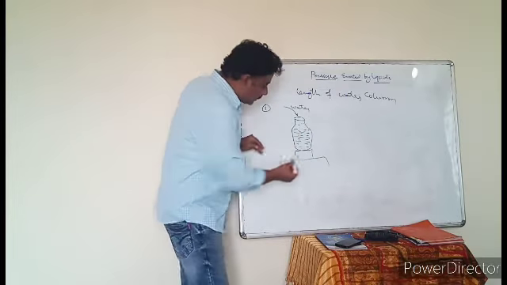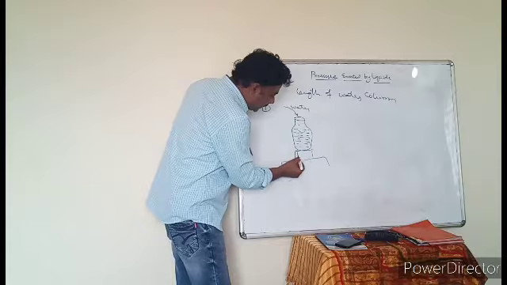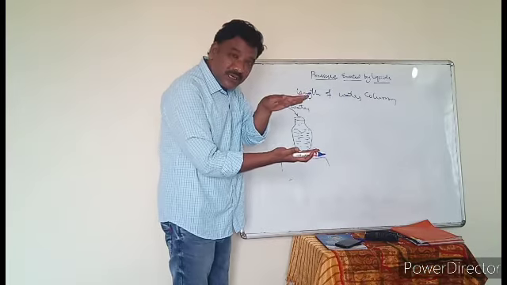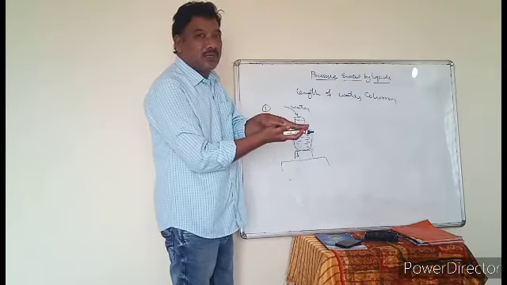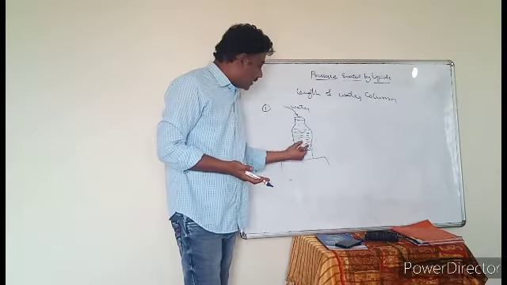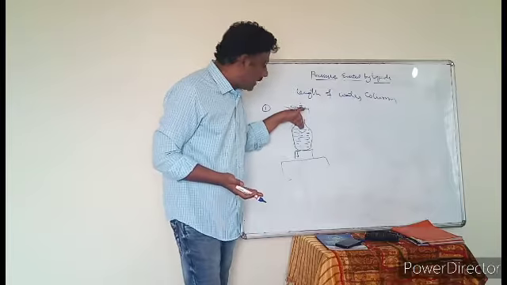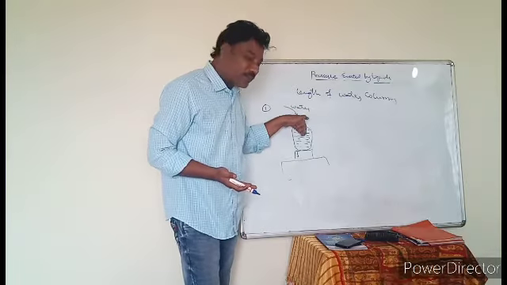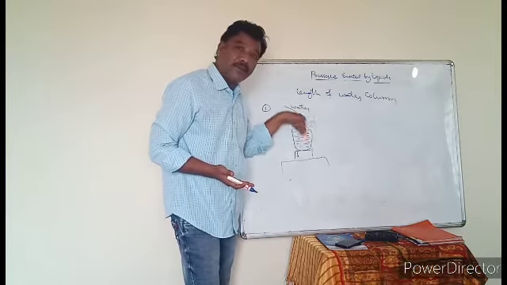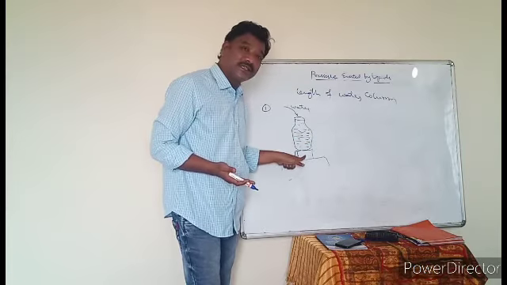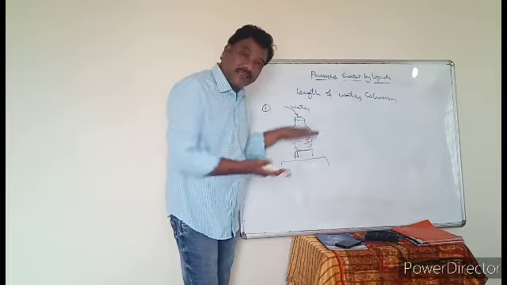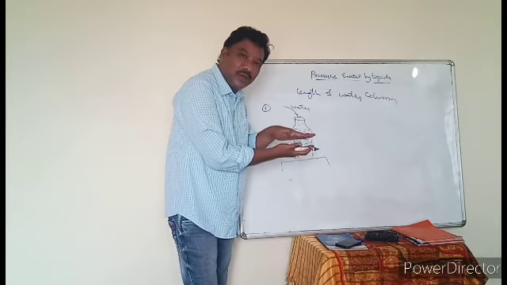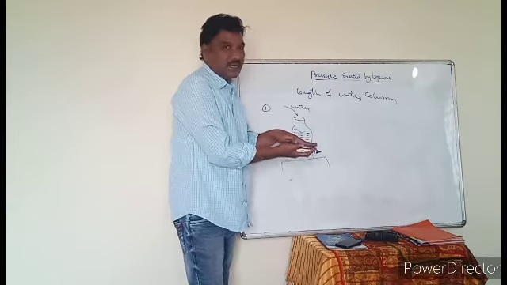Immediately the duster is compressed. Compressed means it moves downwards. That means the water we are filling into this bottle is applying pressure on this duster. Because of that, the duster is compressed, moving downwards, and its shape is changing.